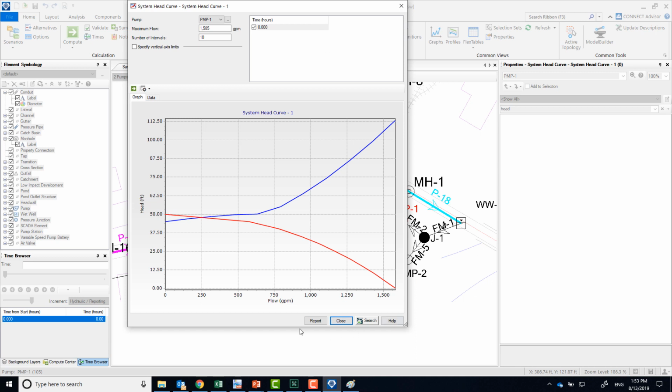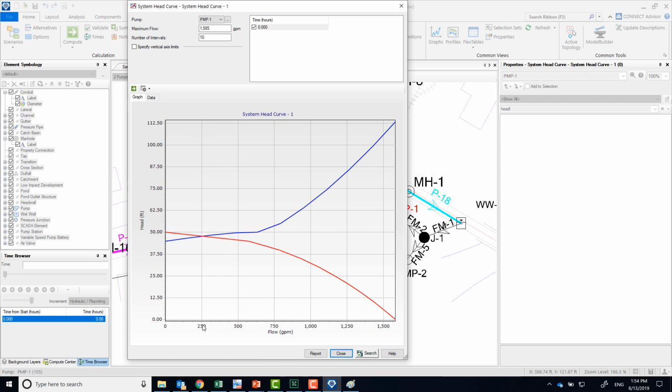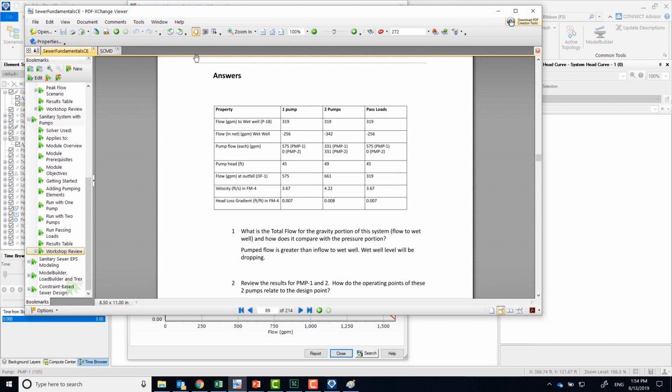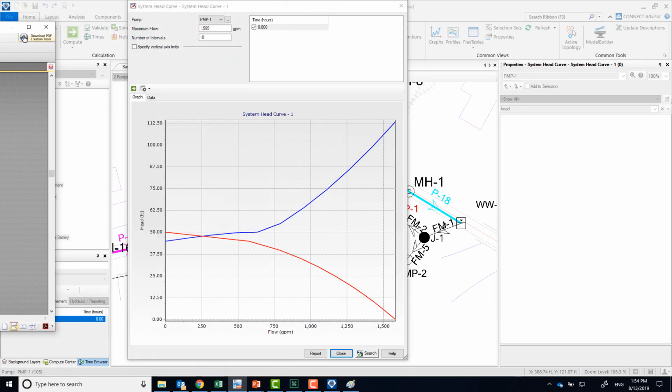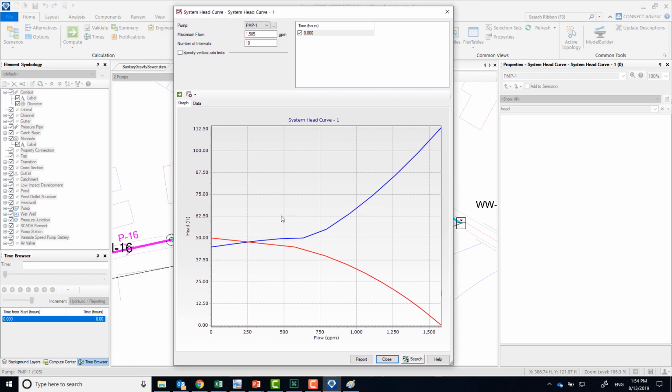So this curve is showing us a flow of, and let me open up this so I can see exactly, 331 gallons per minute. So this particular pump 1 has to pump 331 gallons per minute, and the head is about 49 feet. So why is that?